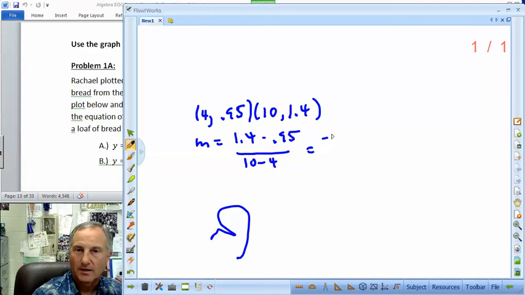So we're going to get negative 4.5. I'm sorry, positive 4.5. Wrong decimal points in the wrong place. Let's clear that up right there. 1.4 minus 1.1 is going to be 0.3 over 6, and that's going to give us 0.05 for a slope.